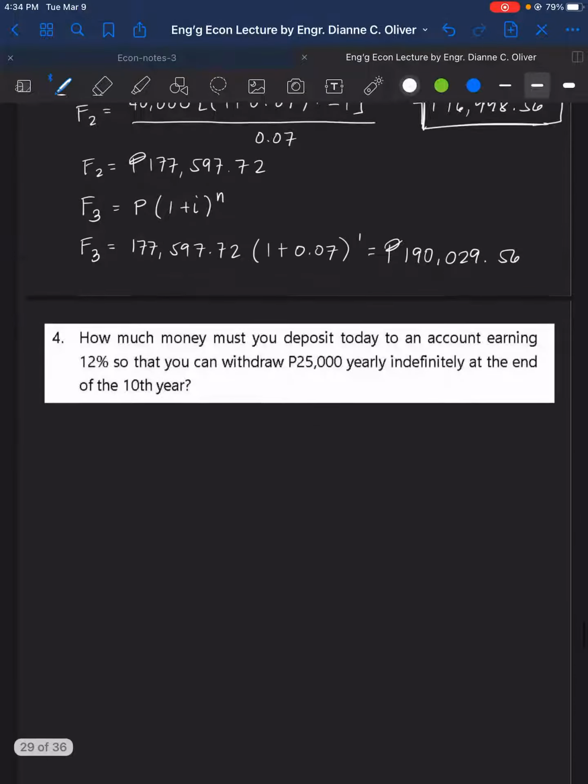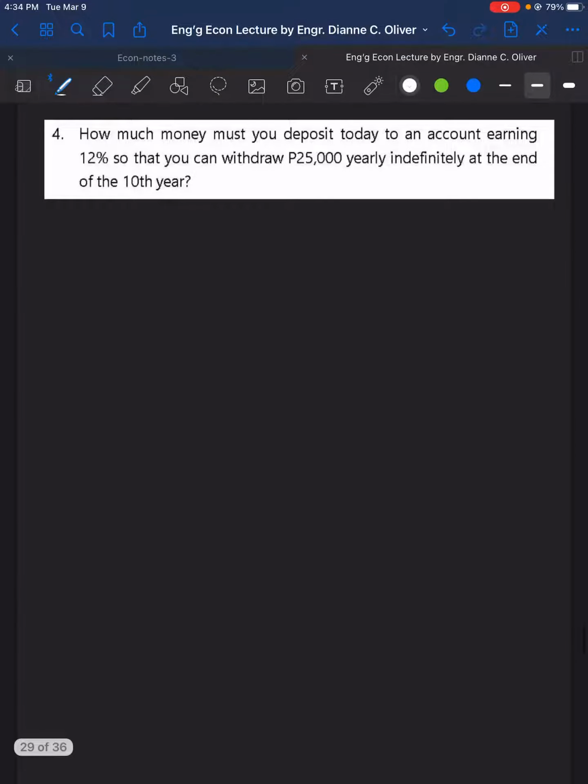So the last one, we have example number 4. How much money must you deposit today to an account earning 12% so that you can withdraw 25,000 pesos yearly indefinitely, starting at the end of the 10th year? Indefinitely.